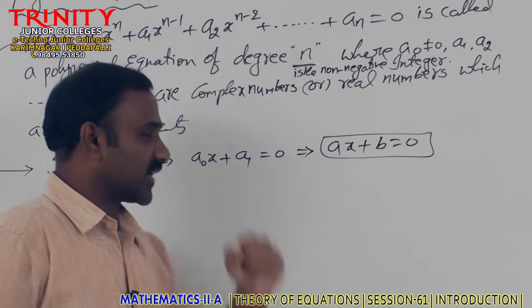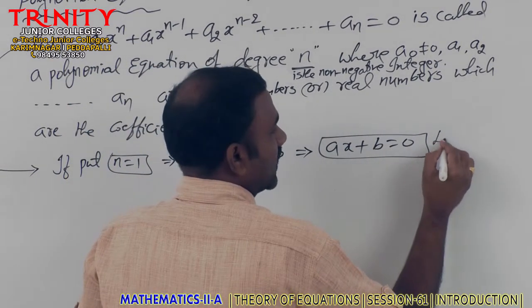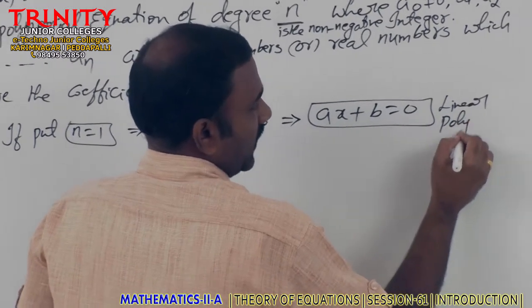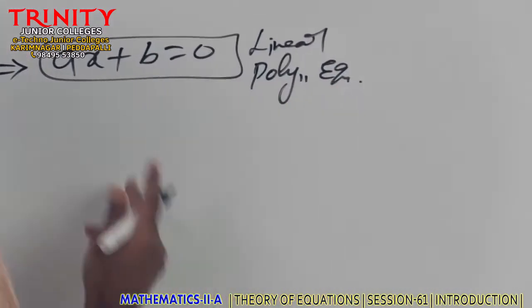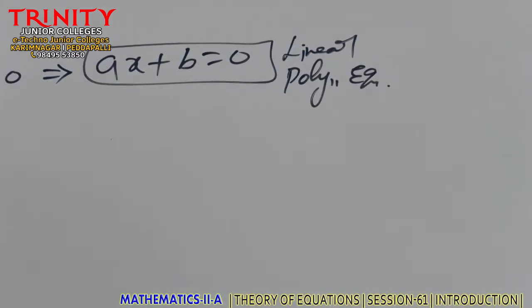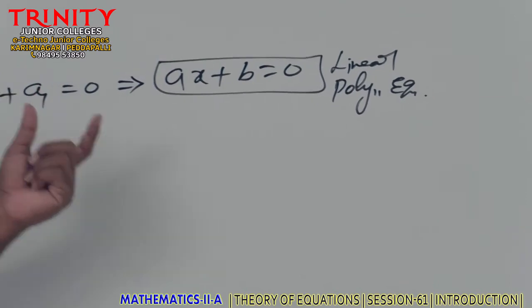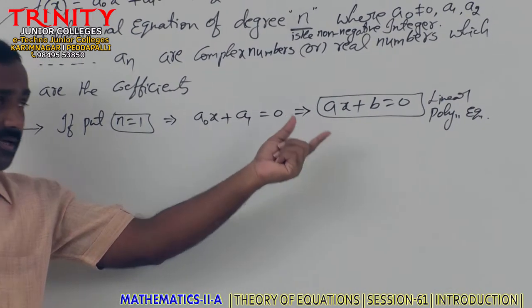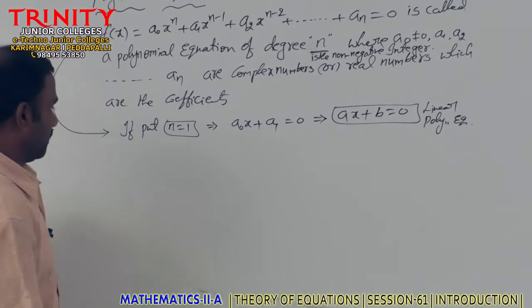It is a linear polynomial equation, a first degree polynomial equation. Why are we saying equation? Because it is equal to 0. That is the reason we say it is a linear polynomial equation, or a first degree polynomial, or a straight line.